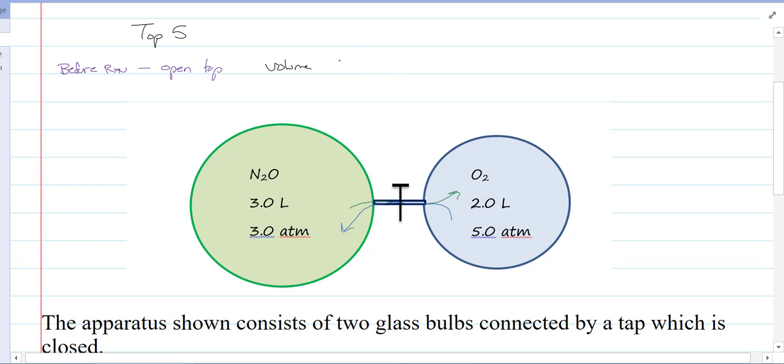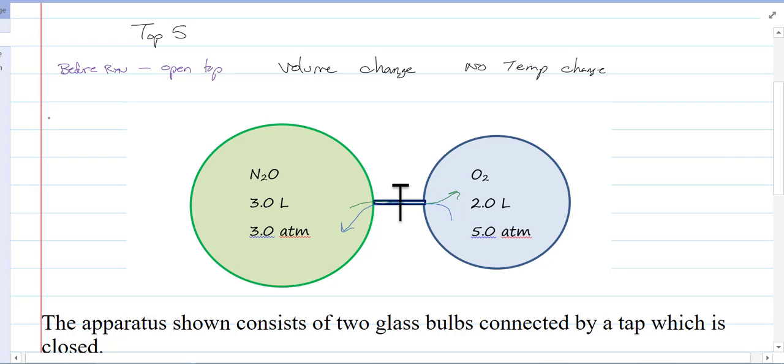Ooh, my writing today. Try that again for you guys. The volume change. But there's no temperature change. So the temperature doesn't change. The moles aren't changing yet. The volume changes. The pressure needs to change.